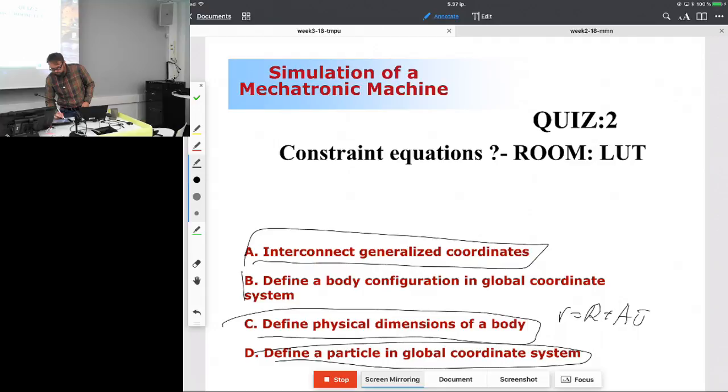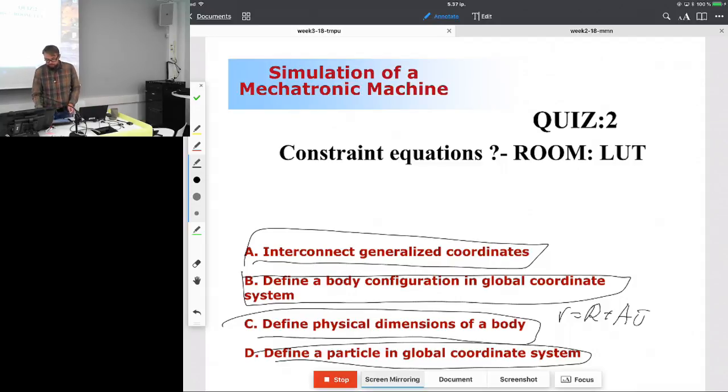Define the body configuration in a global coordinate system. Not really. Not really. But there is a little bit of sense in this. Because if we have a system that has 0 degrees of freedom, then you can solve the configuration based on the generalized coordinates and constraint equations.